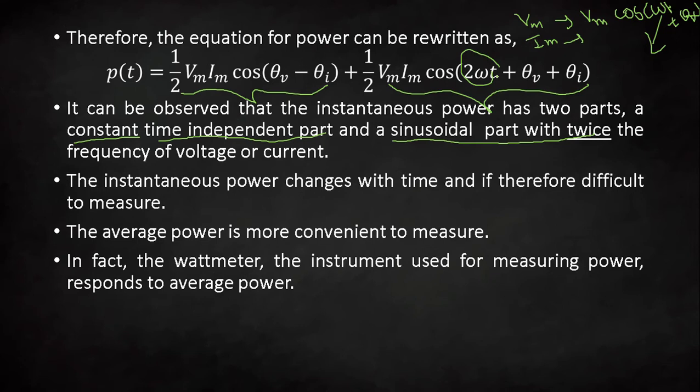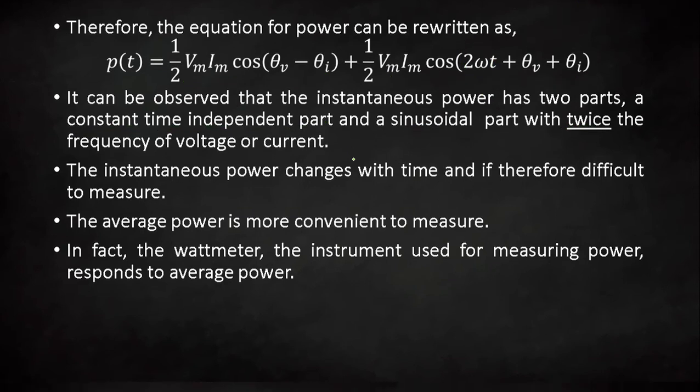So it is difficult to measure instantaneous power for any element, and that is why it is more convenient to deal with average power. In fact, our wattmeter and other instruments used to measure power actually respond to average power only. So it is good to deal with average power in place of instantaneous power.